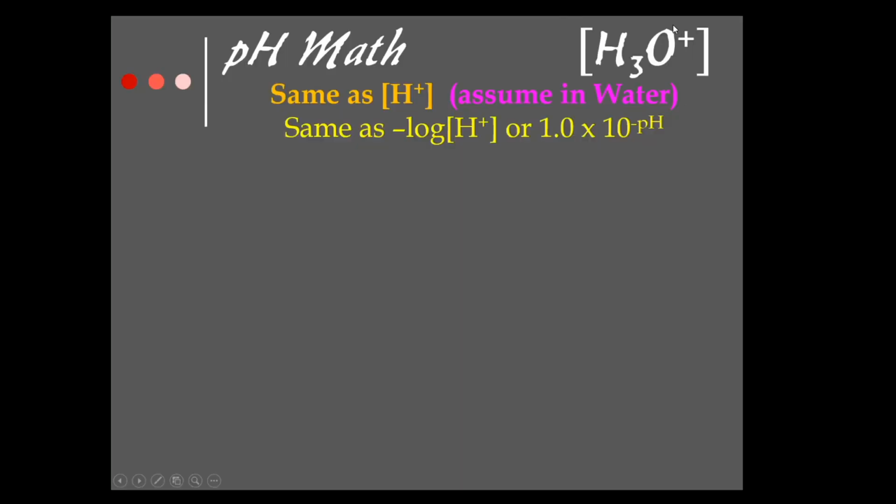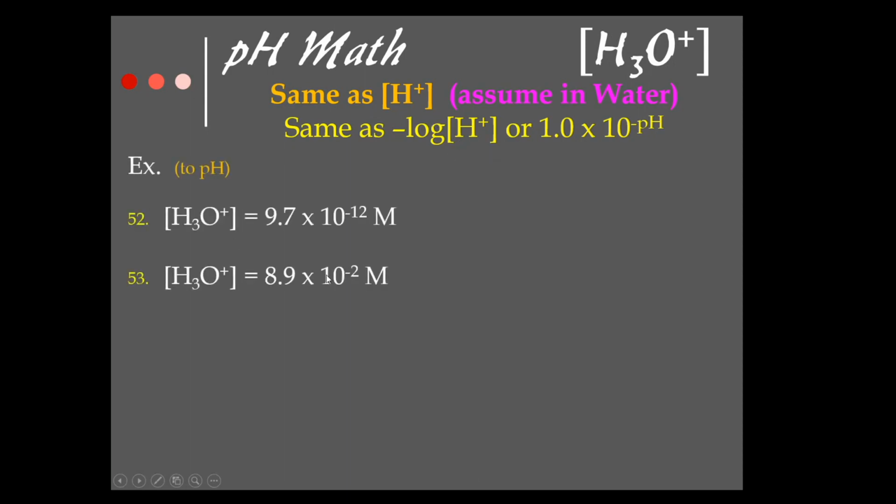What happens when you have H3O+? This is the same thing as H+ as long as it's in water, and you can always assume that it is. Basically, if you see H3O+, which is hydronium, that's the same thing as hydrogen. You're going to go to pH using your negative logs.